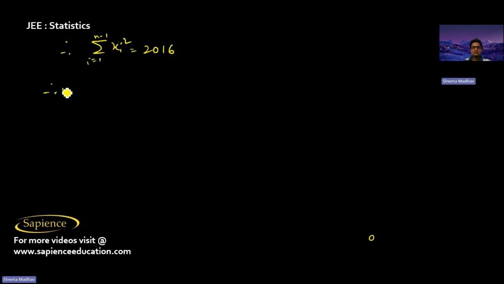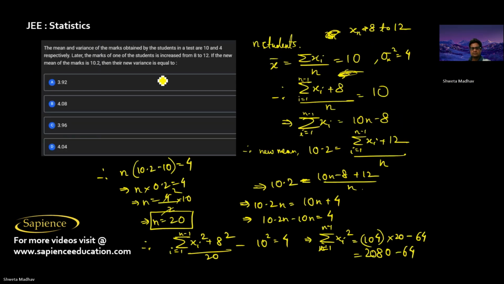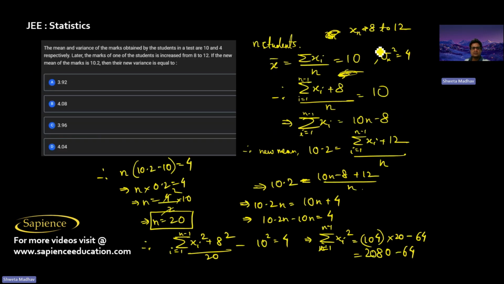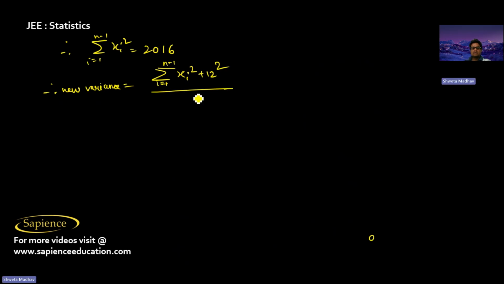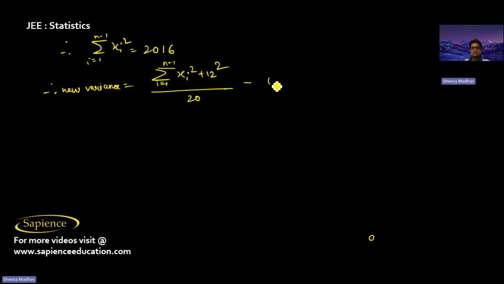So the new variance is summation i goes from 1 to n minus 1 of xi square plus 12 square, since 8 has been replaced by 12, divided by n, that is 20, minus the new mean whole square, that is 10.2 whole square.